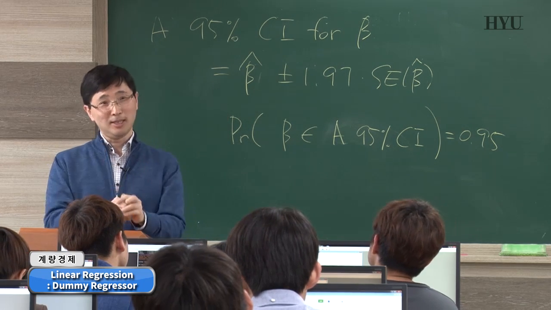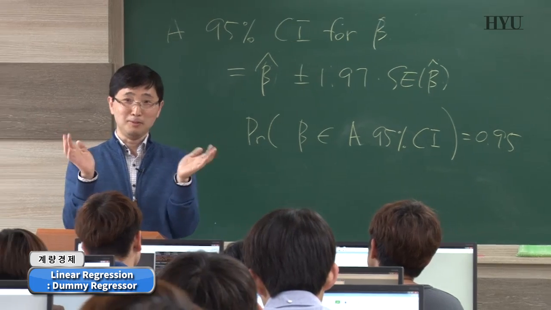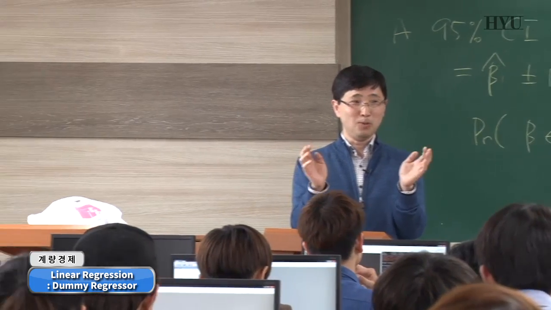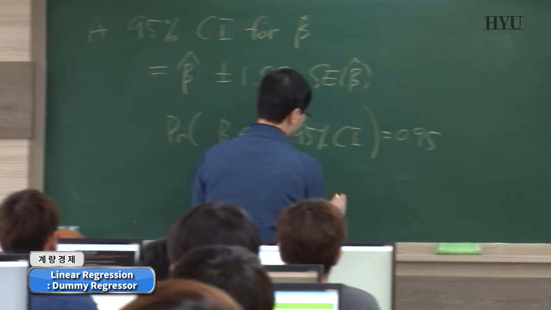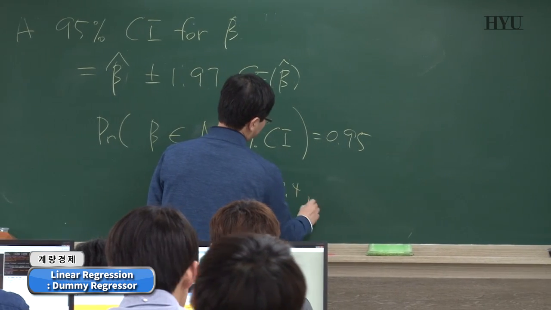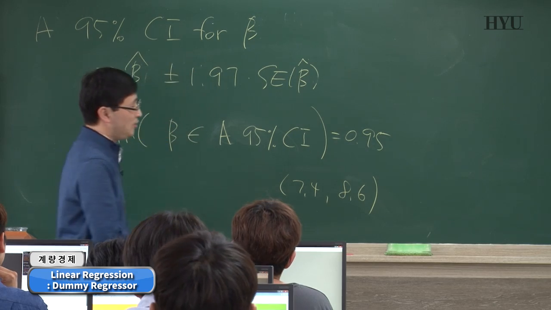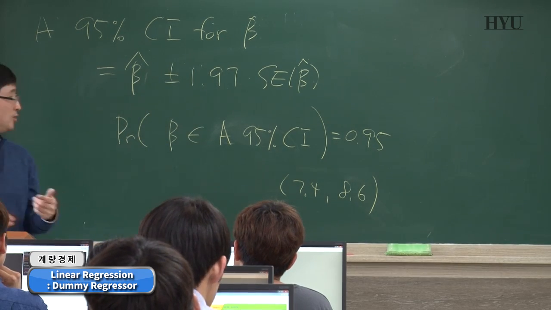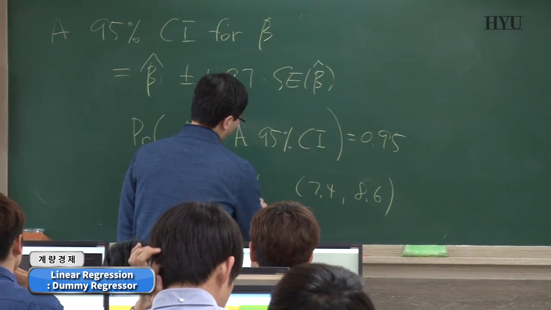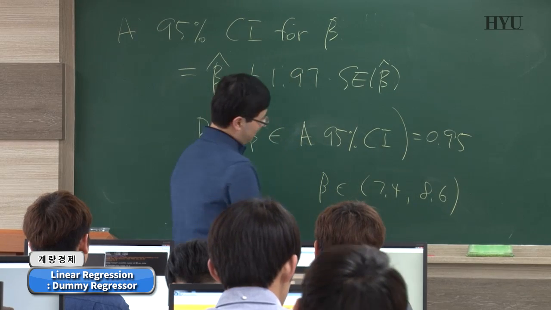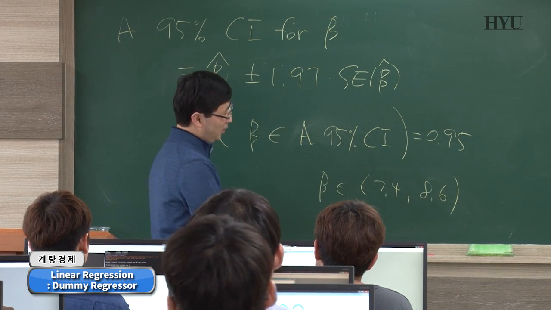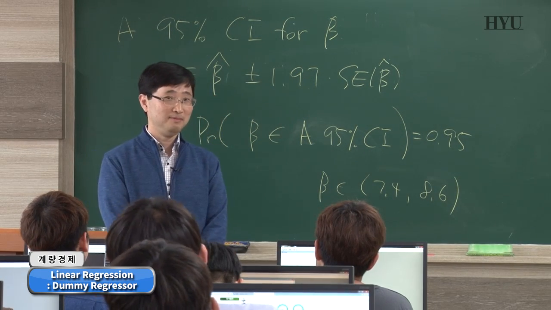So you collect one sample, then you have a confidence interval, right? So between 7.4 and 8.6. So that's the confidence interval we calculated for the effect of the education. So the wrong interpretation is the true effect will be included in this interval with 95% probability.